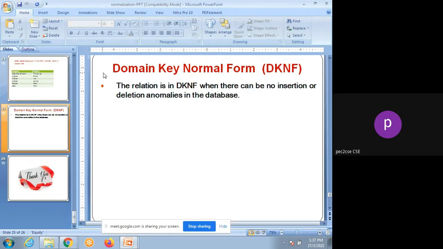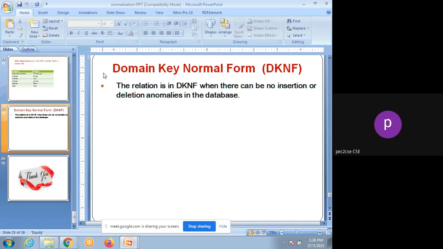A relation is in domain key normal form when there can be no insertion or deletion anomaly in a database. Just know what is what at that level.